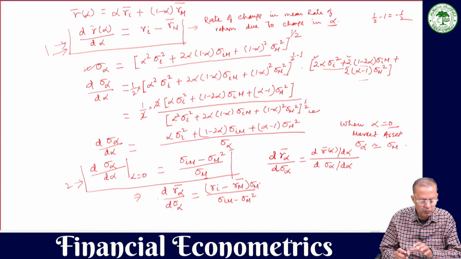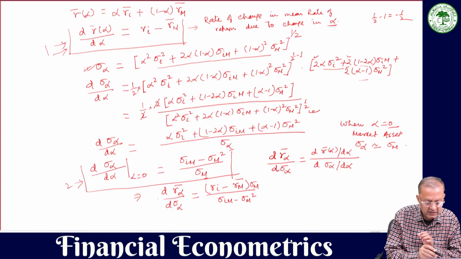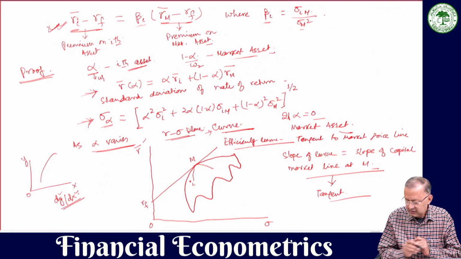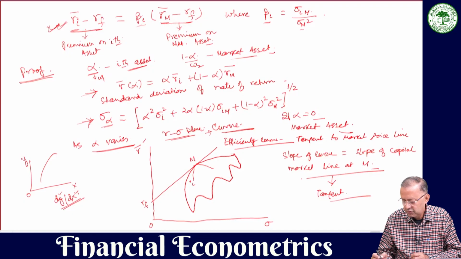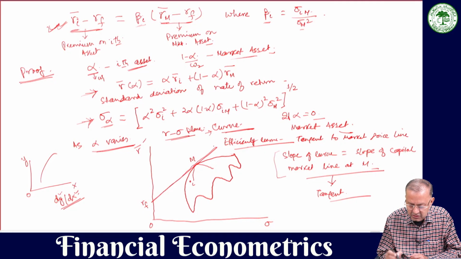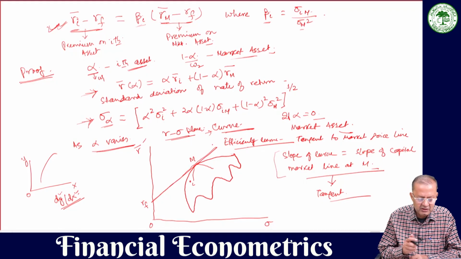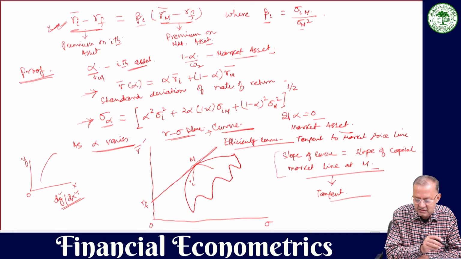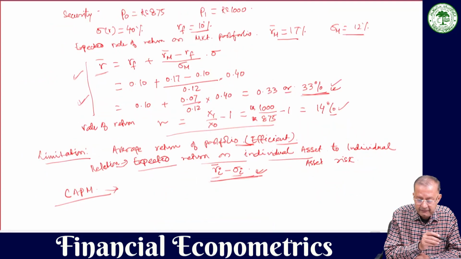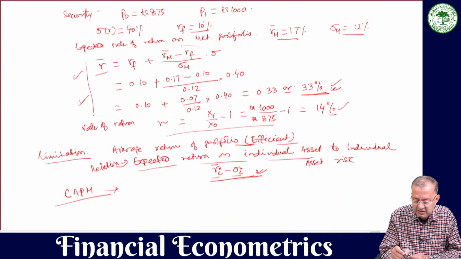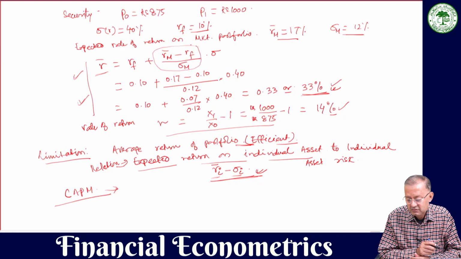Now this slope, what I told you earlier, is that the slope of the curve must be equal to the slope of the market line at M. The two slopes must be equal. What is the slope of this market line? The slope of this market line is Rm bar minus Rf upon sigma m.